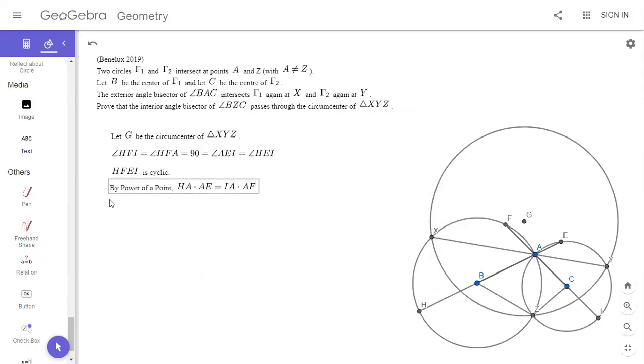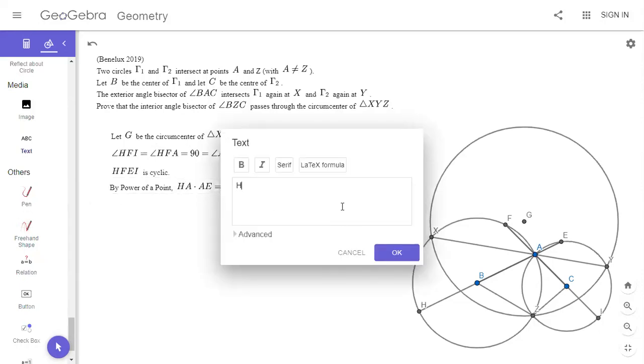But HA is 2AB. IA is 2AC. So that means that, I'll write it like this, HA is 2BA, IA is 2CA.